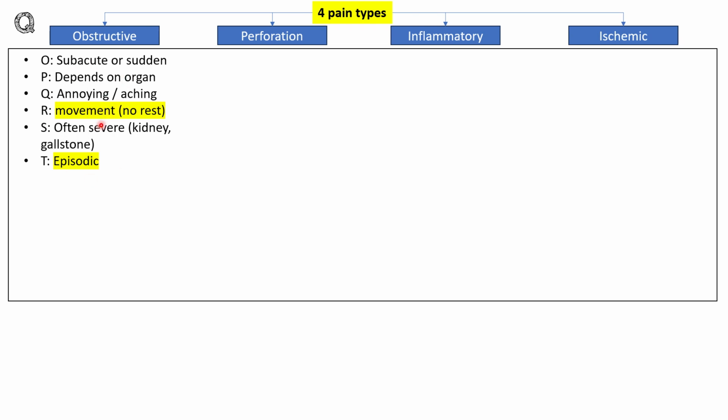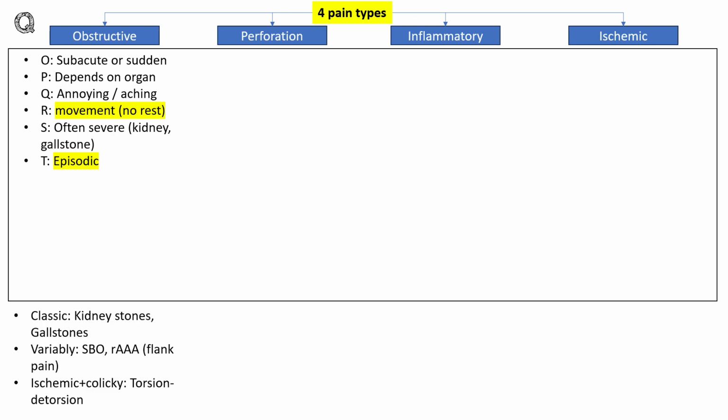But in general, this is the classic description of the obstructive pain, usually sudden or subacute in onset, and it's usually a pain that cannot go away and is really severe. A lot of kidney patients will sometimes quote that Napoleon had this as well, described as one of the most excruciating pains ever. So it's usually kidney stones and gallstones.